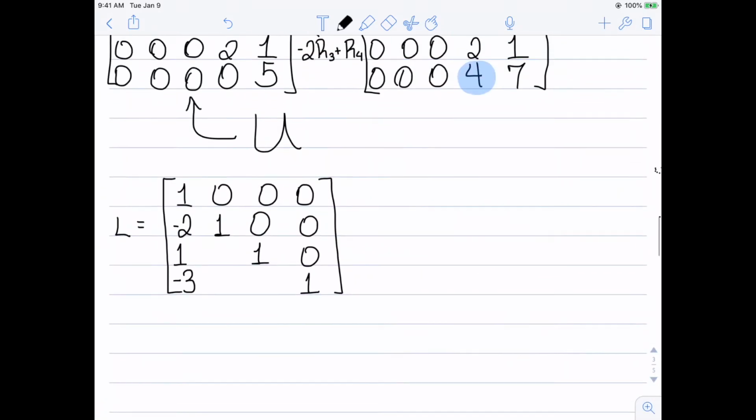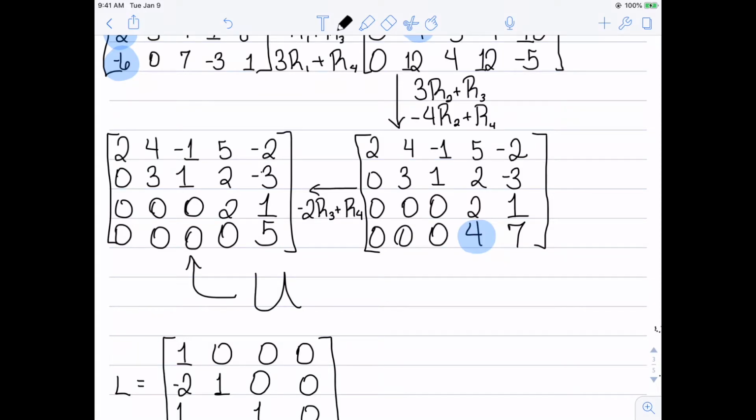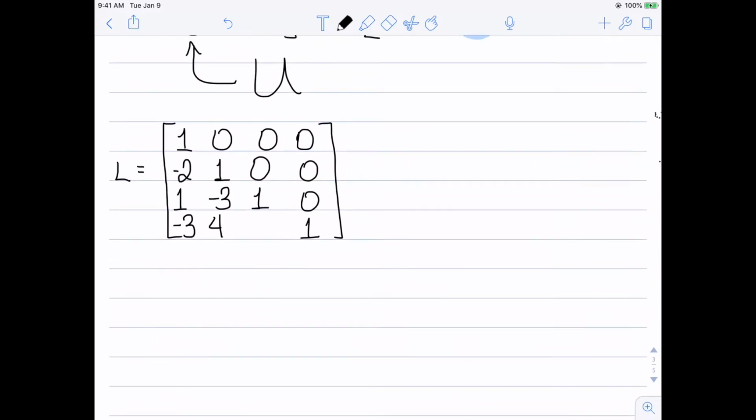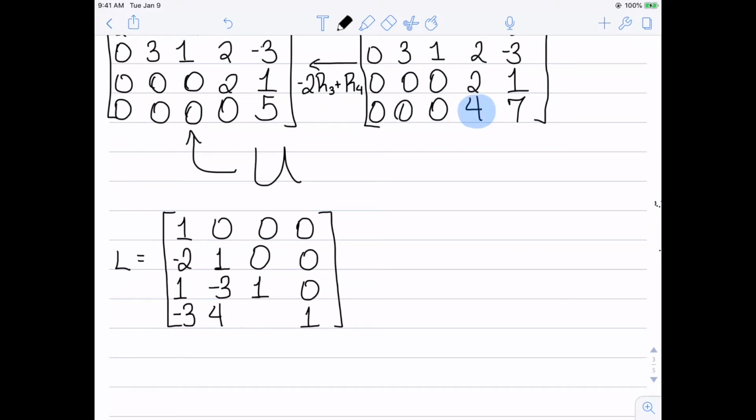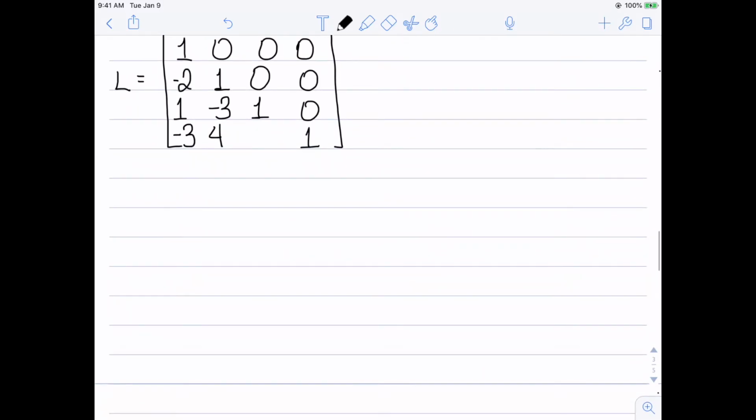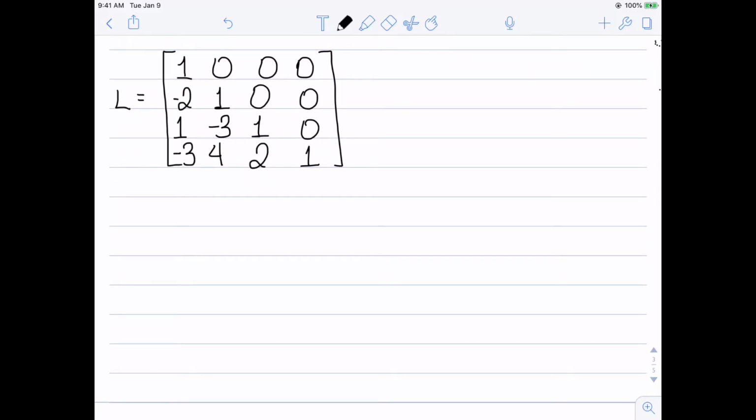For my second column, if I go back up, my operations were multiplying by 3 and -4, so my entries are going to be -3 and 4. Finally, my last operation was -2, so my last entry will have a +2. So now I have my matrix L.